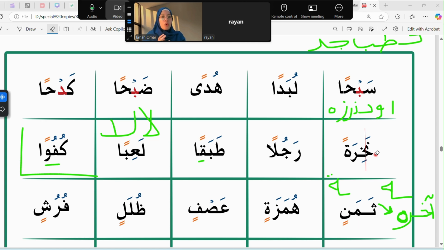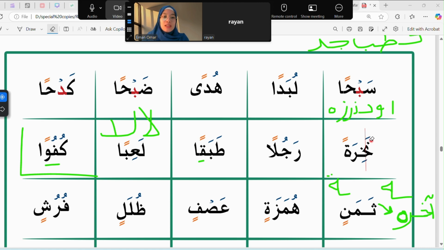So how do we know whether it's ta or noon or ba from the number and the place of the dot? As you can see here, is this dot on the top or on the bottom? On the top. Does it belong to this one or to the one on the top? It belongs to the one on the top.